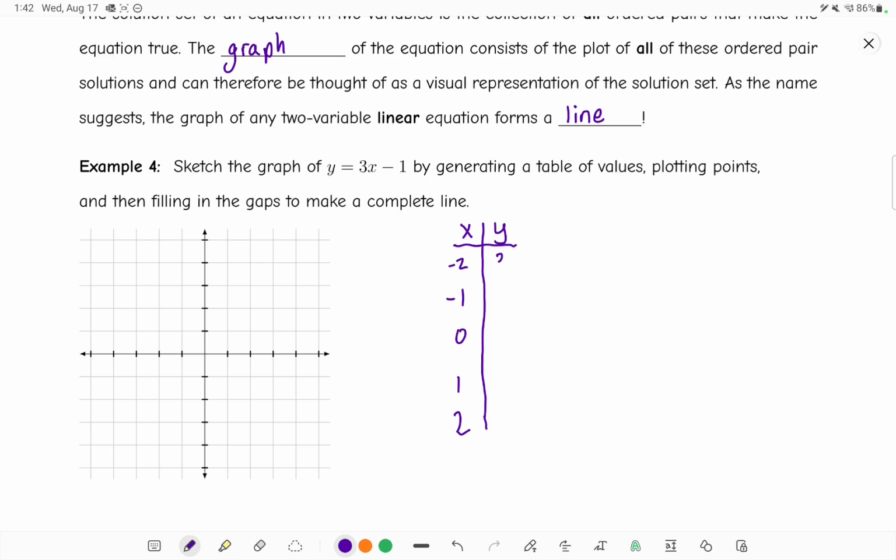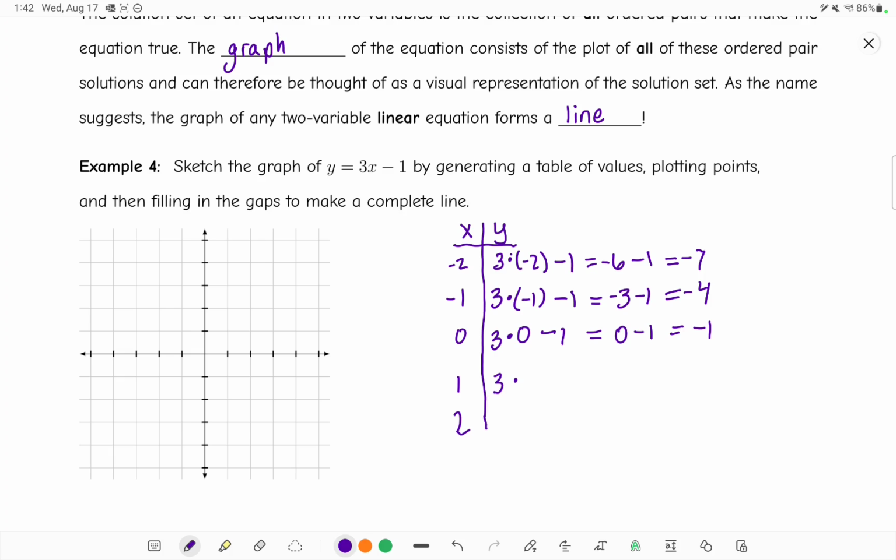So then y is 3 times -2 minus 1, which is -6 minus 1, which is -7. 3 times -1 minus 1 equals -3 minus 1, which is -4. 3 times 0 minus 1 equals 0 minus 1, which is -1. 3 times 1 minus 1 is 3 minus 1, which is 2.